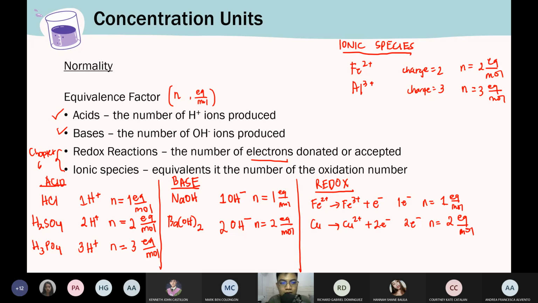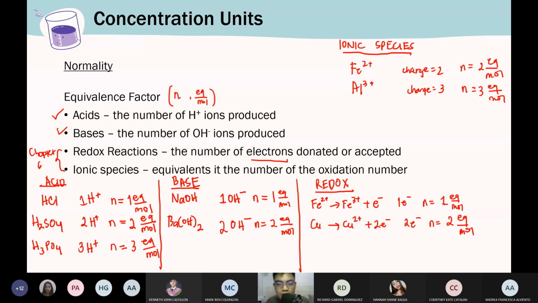Basically, bilangin mo yung hydrogen. If that is a base, that's the number of OH that your compound can produce. Basically, bilangin mo lang din yung OH. For a redox equation, that's the number of electrons being transferred during the reaction. Basically, tignan mo ilan yung electrons in a balanced equation. And then for ionic species, basically, kung ano yung charge, yun yung equivalence factor.